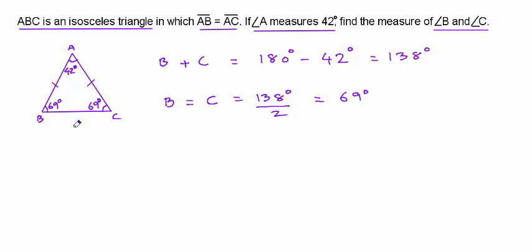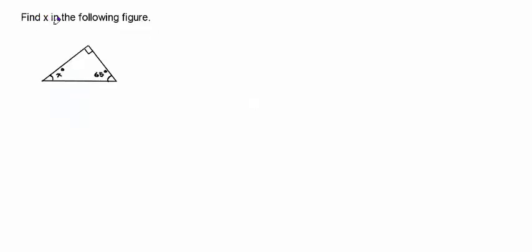Let's try another one. Find X in the following figure. Now given that this is a triangle with a right angle over here, this symbol indicates a right angle or 90 degrees. And we know that the sum of all three angles in a triangle is 180 degrees.